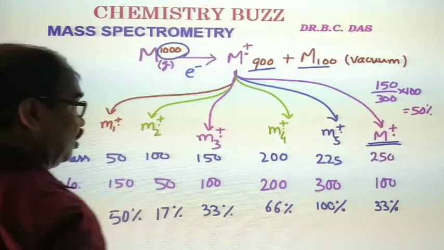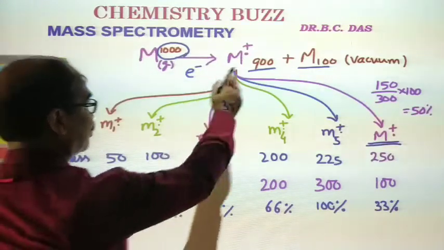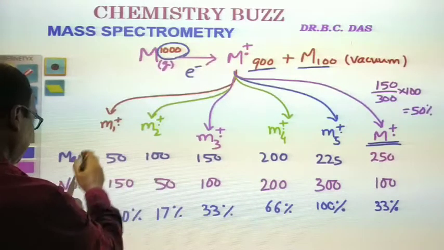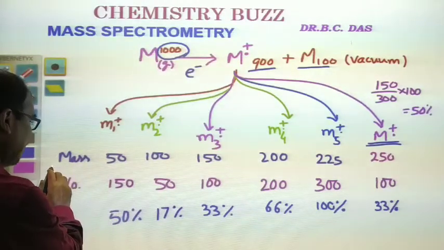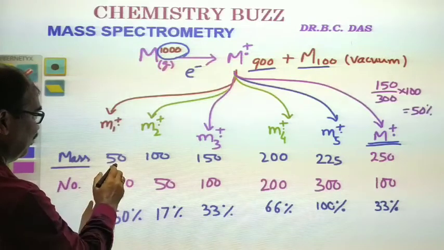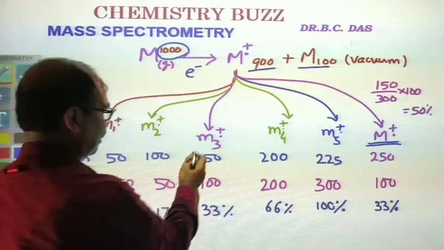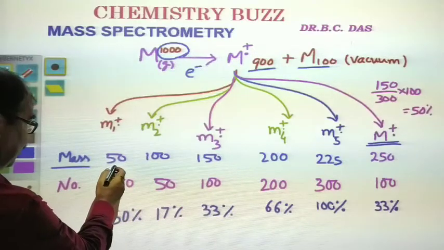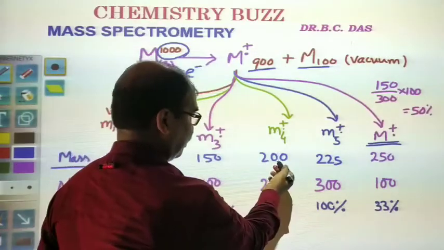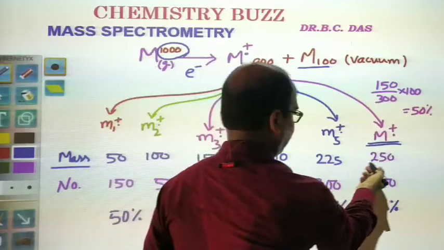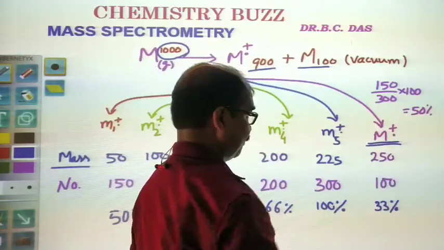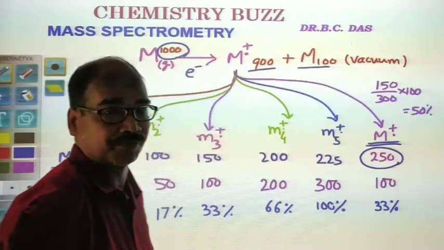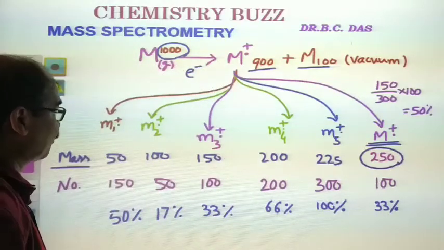Suppose the masses of the M1 fragment, M2, M3, M4 are like this: 50, 100, 150, 200, 225 and 250. So 250 is the molecular mass of the substance taken.